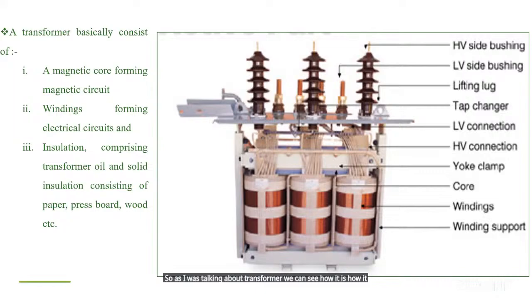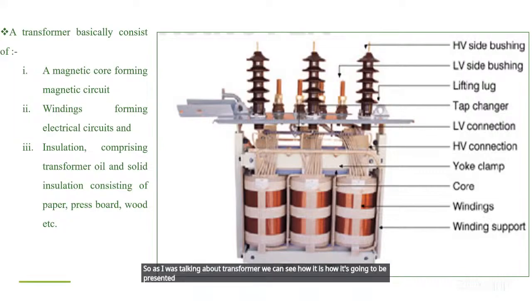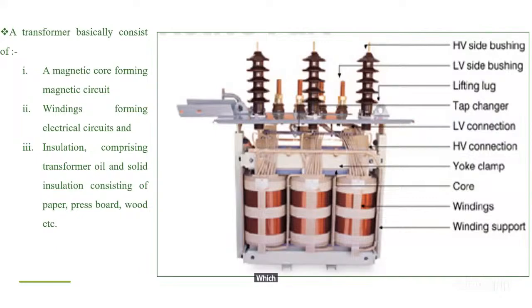So as I was talking about transformer, we can see how it can be presented. We have here a transformer with two circuits, which are electrically independent, but they are linked magnetically. The first part, which we call the primary circuit, is where you input the voltage.